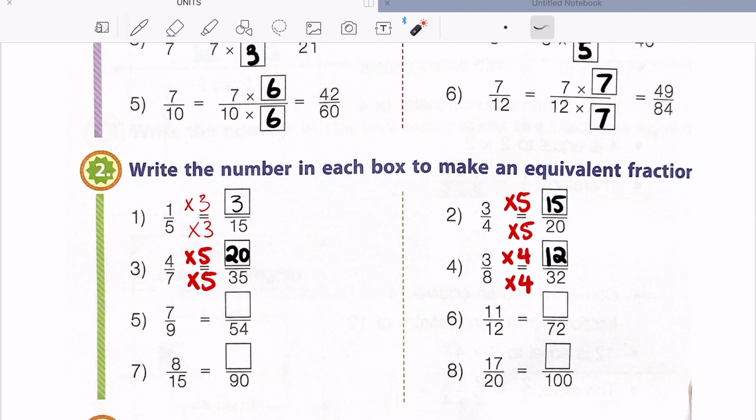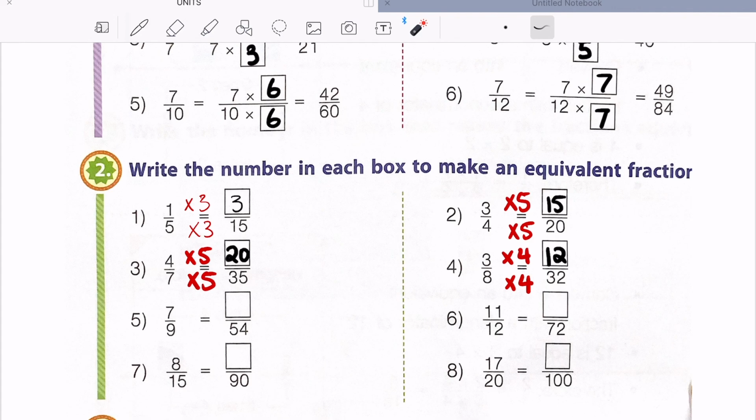All right, let's try 7/9. So 7/9 is equal to blank over 54.